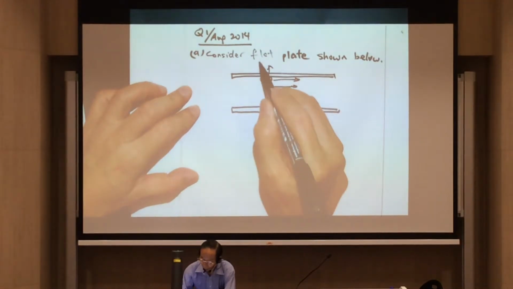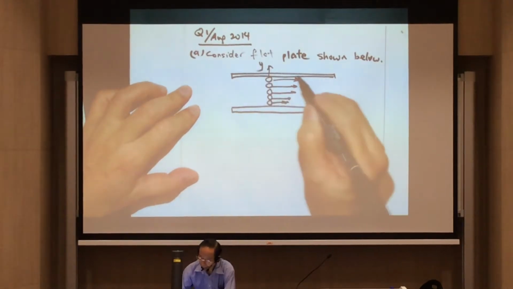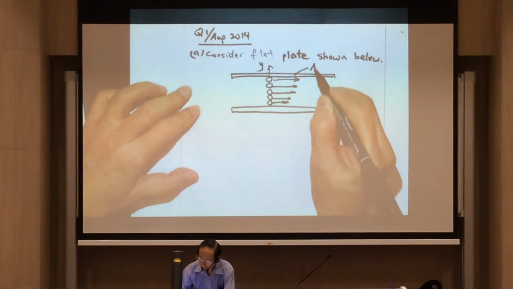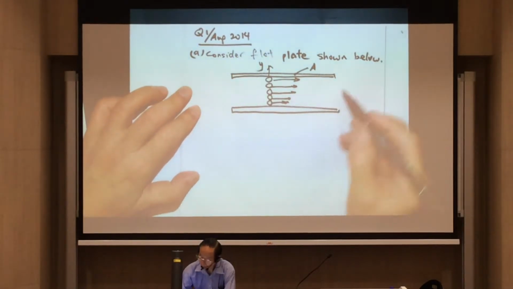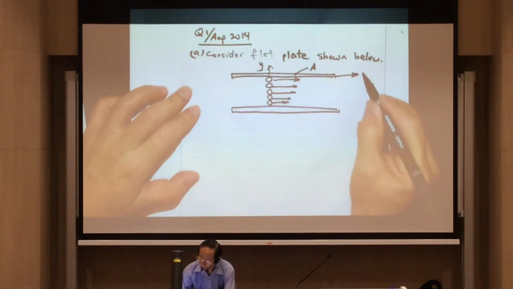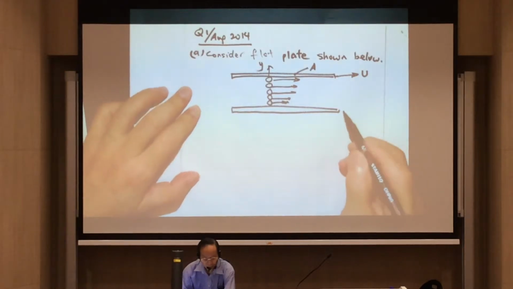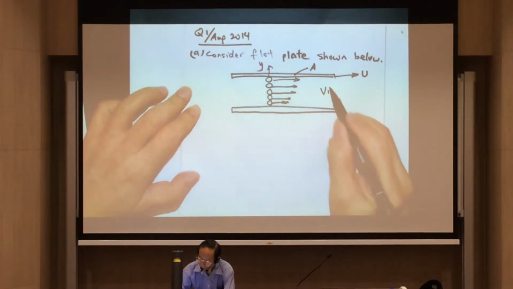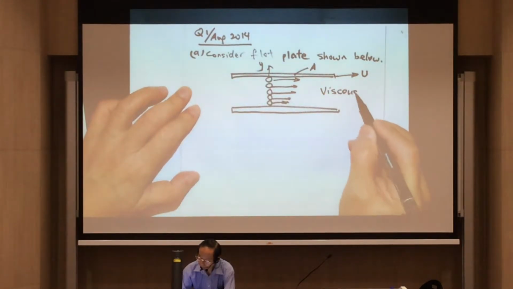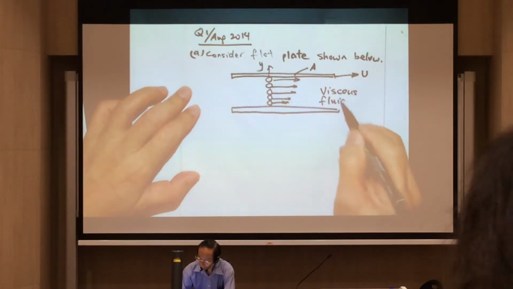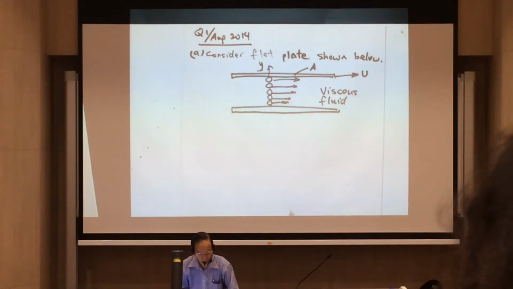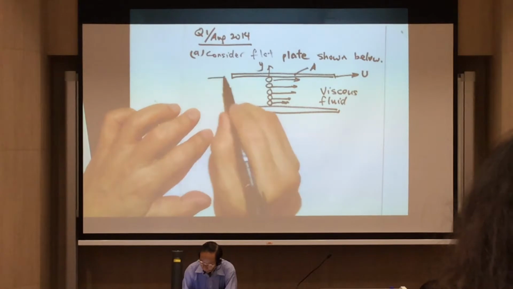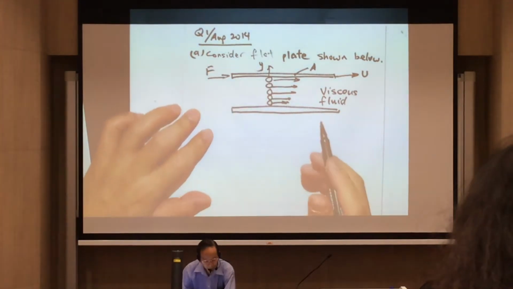And this is your y-axis. And this flat plate has area A. Okay. And this plate moves with a velocity capital U. And this is a viscous fluid. And of course, usually there's a force F to move the top plate.